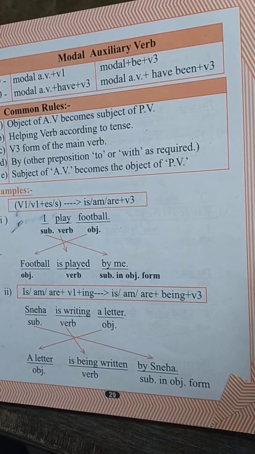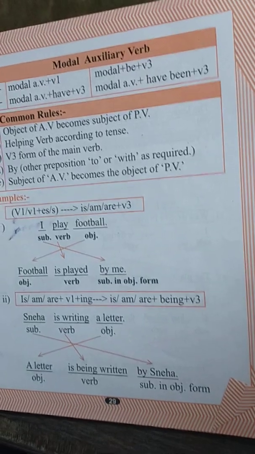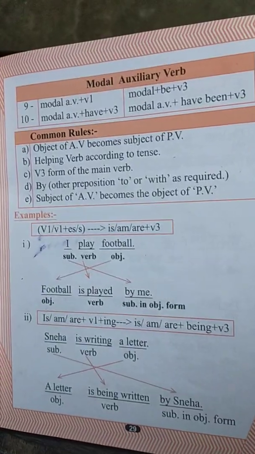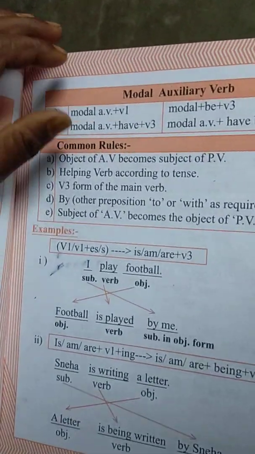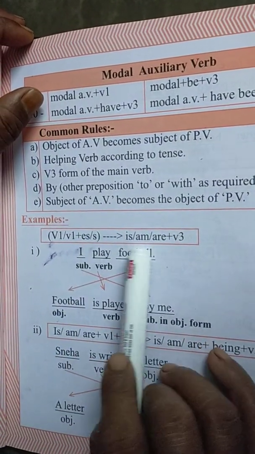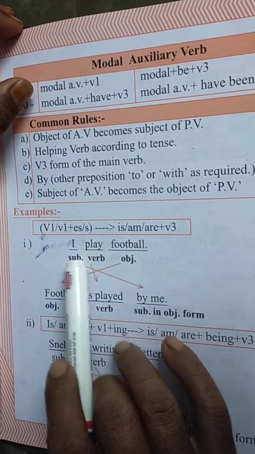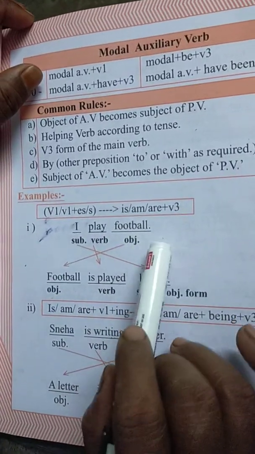We have already read yesterday the examples: verb 1 or verb 1 plus es or s, then is or am or are plus v3. So it is the example for you. You have already read it.